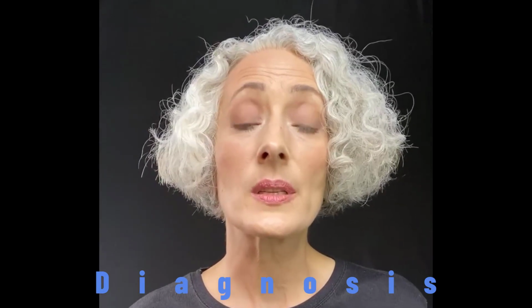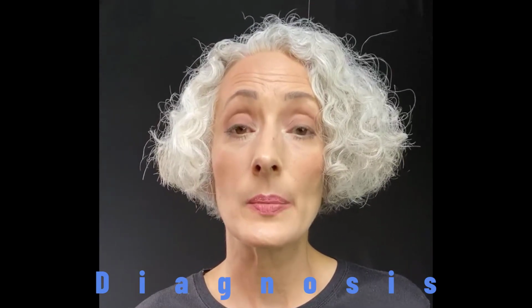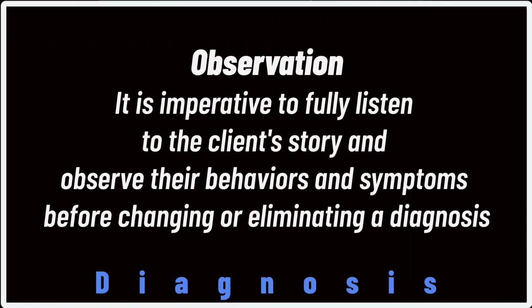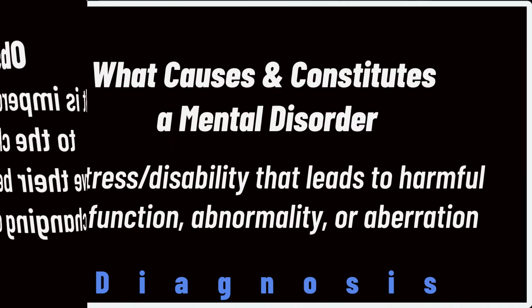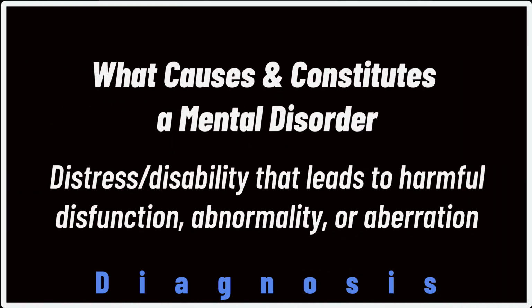As counselors, it is important to maintain a consistent pattern of observation. We want to observe the client's behaviors and symptoms to accurately provide, change, or eliminate a diagnosis. We want to look at what causes and constitutes a mental disorder.